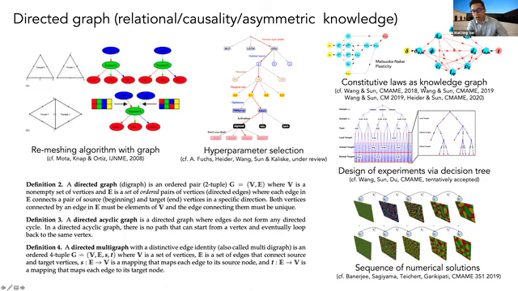Another thing that we are also working on is the Lloss graph. The Lloss graph has recently gained a lot of traction at Google, representing different entities. But here, the goal is to represent the constitutive law as a Lloss graph.